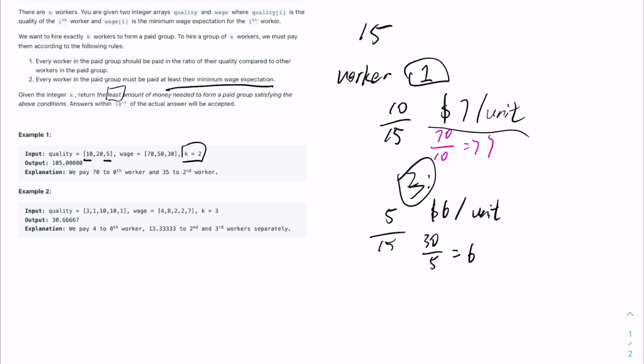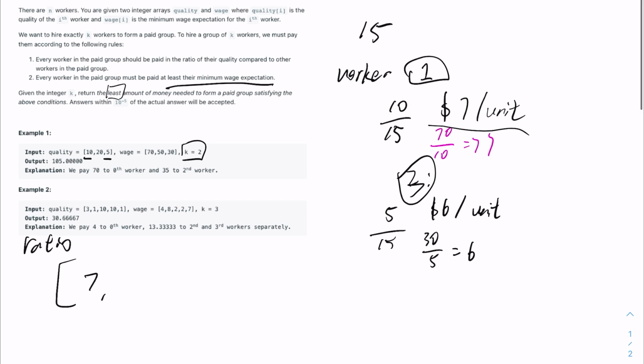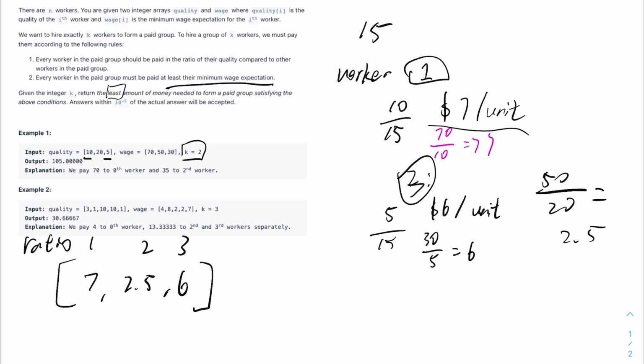Here we'll have an array of ratios, where the first is 7, and the second is 50 over 20, which gives us 2.5, and then 6. So this is the ratio for worker 1, 2, and 3.